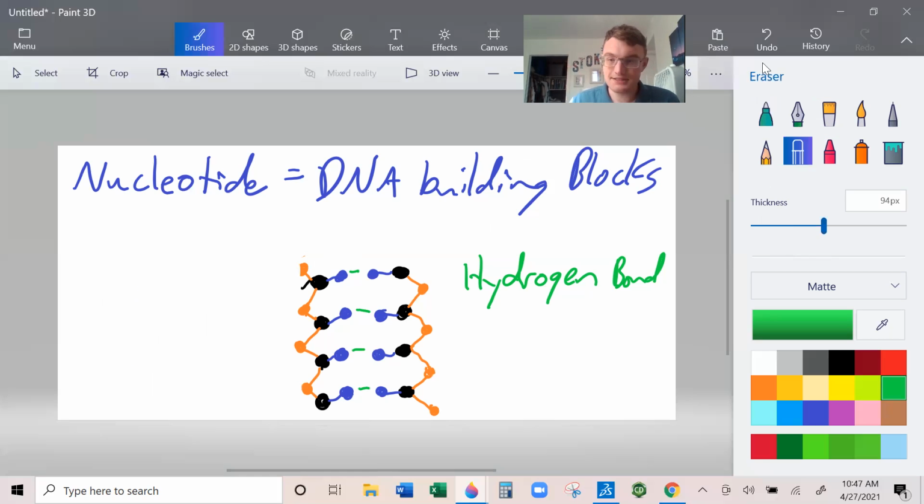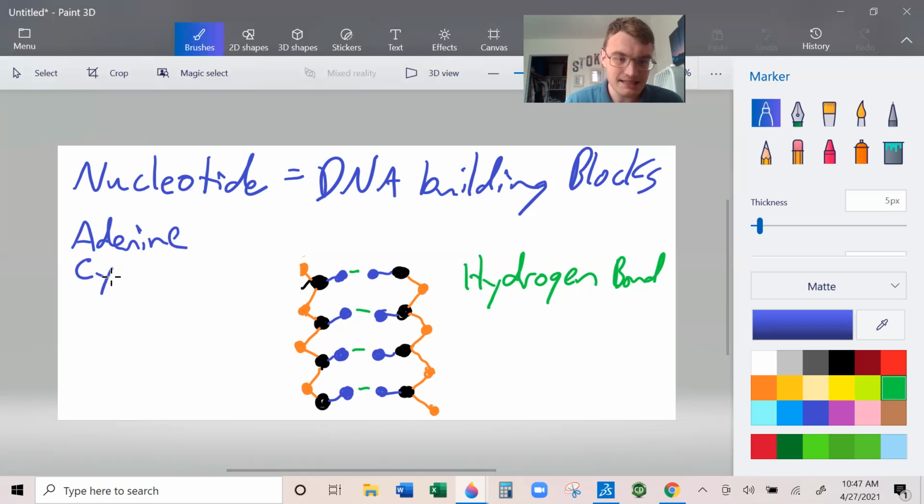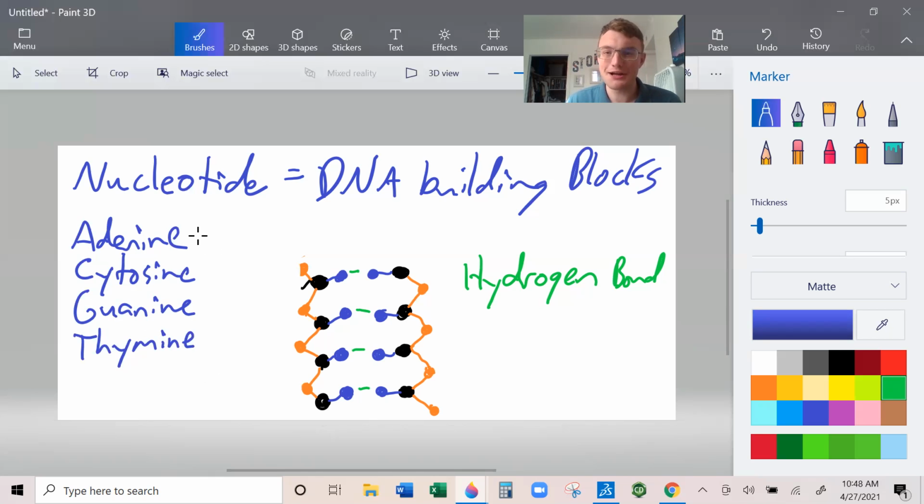The 4 different kinds of nitrogenous base are called adenine, cytosine, guanine, and thymine. Those are the names of the 4 nitrogenous bases.